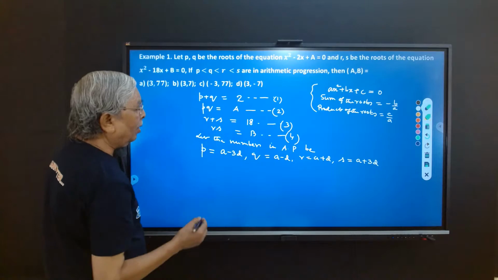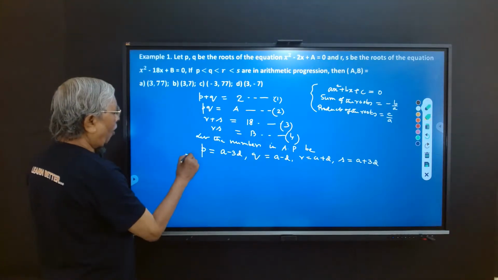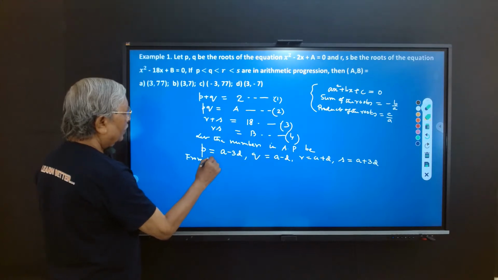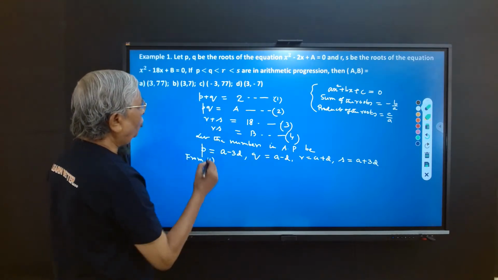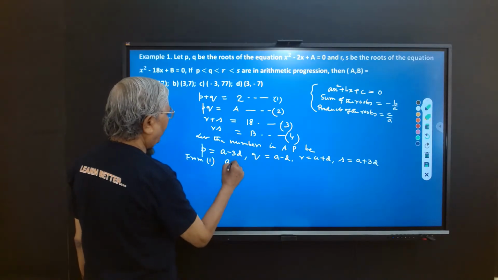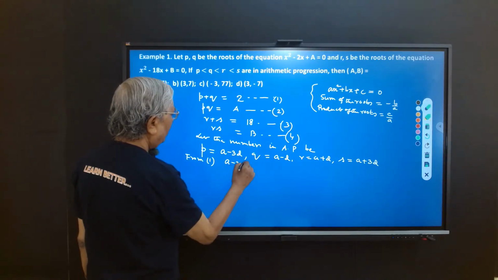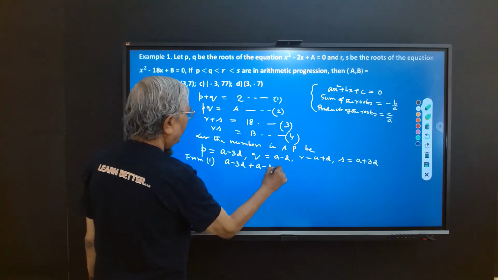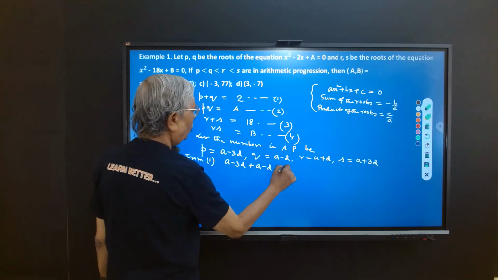Now from equation number 1, you are given that p plus q equals 2. So a minus 3d plus a minus d equals 2.